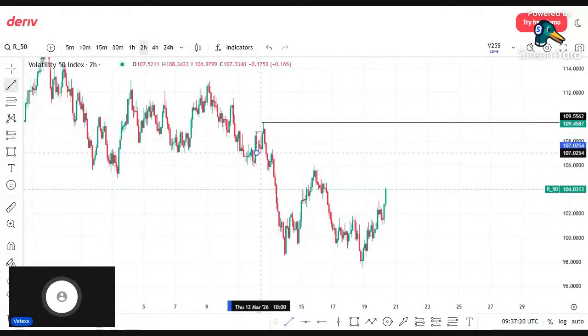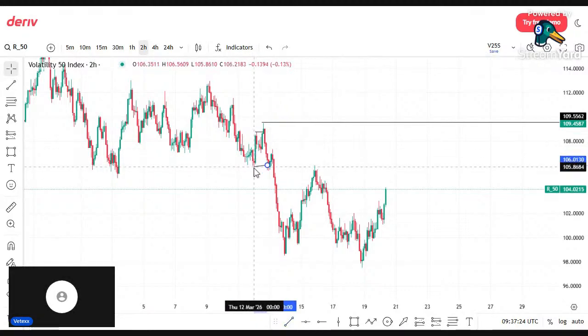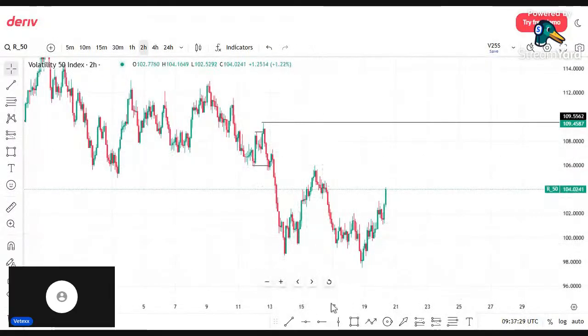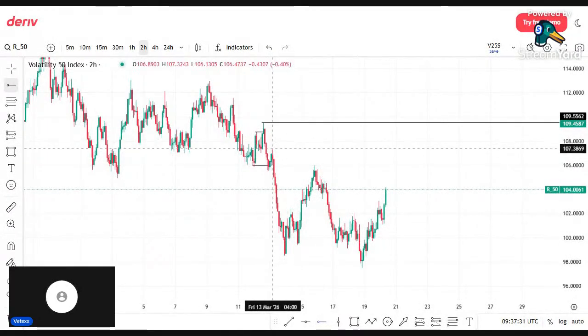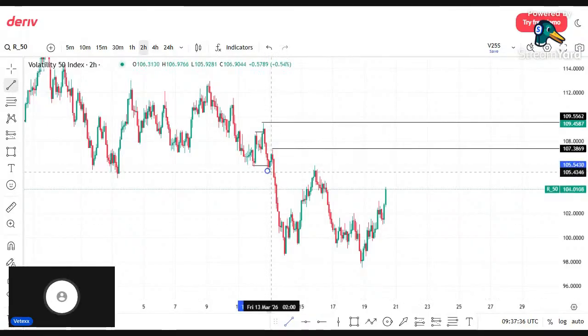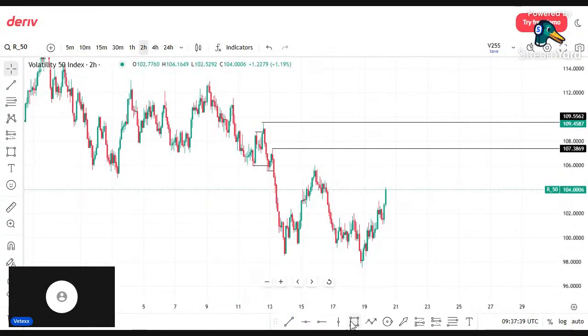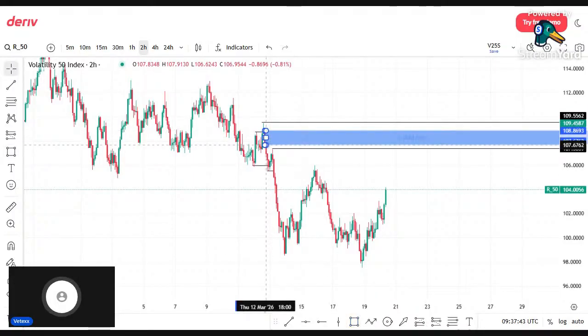Our first break of structure, sorry, this, and then we have structural liquidity on our second break of structure. This becomes our point of interest.